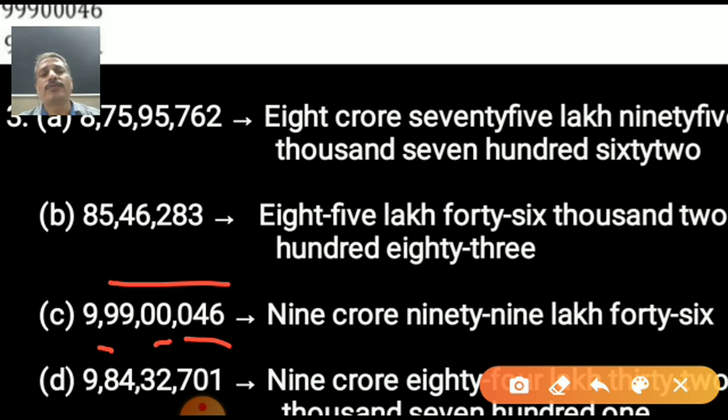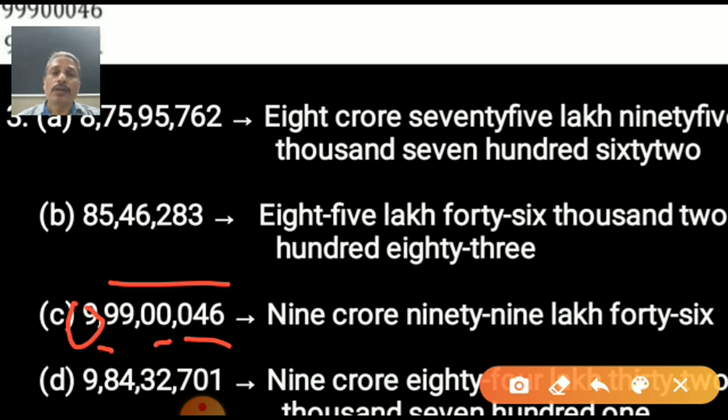Good. So now see, what is this number? 9. And after how many numbers are there? 7. So what we have to say? How many crores are there? Yes, 9 crores.